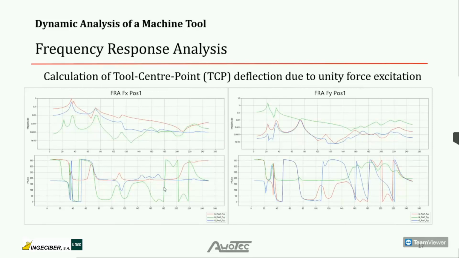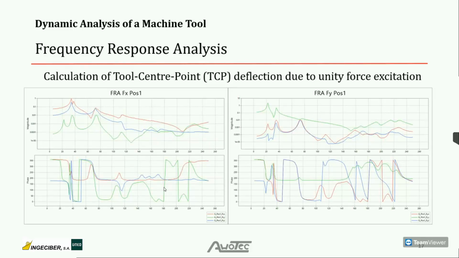The frequency response analysis, the typical result out of that is the so-called Bode plot, where we can see here two Bode plots shown. At the top of the plot the response amplitude is shown. The horizontal axis is the frequency range, and on the top and the bottom of the graph there is the according phase angle relative to the excitation.